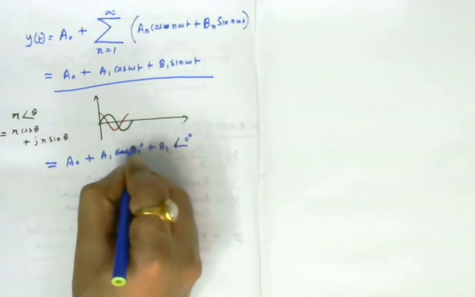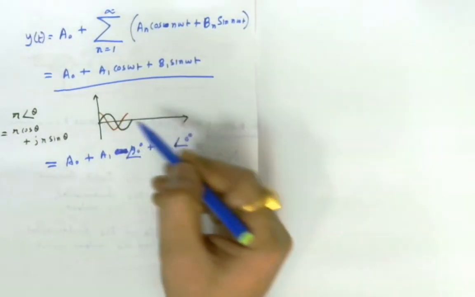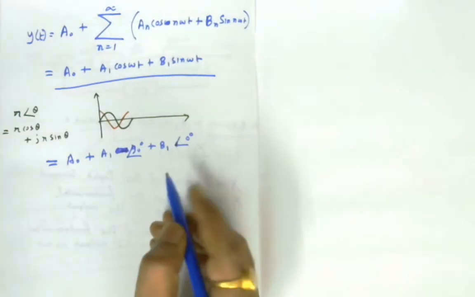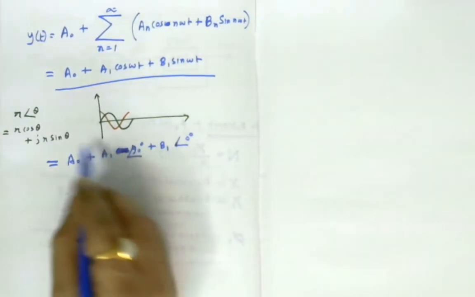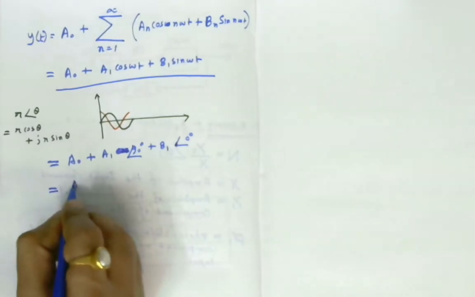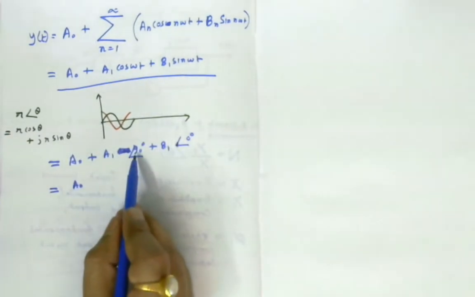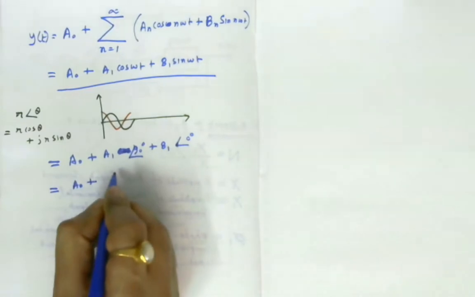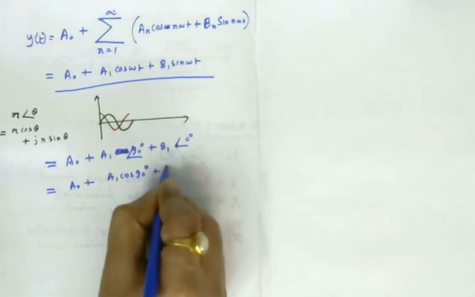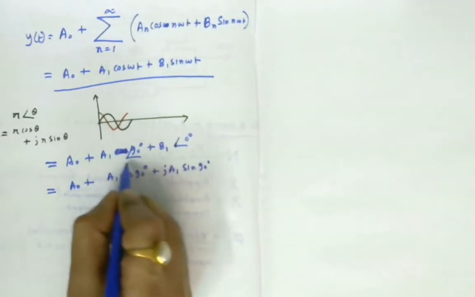Breaking r at the angle theta as r cos theta plus j r sin theta, a1 at the angle 90 degree becomes a1 cos 90 degree plus j a1 sin 90 degree for this component.